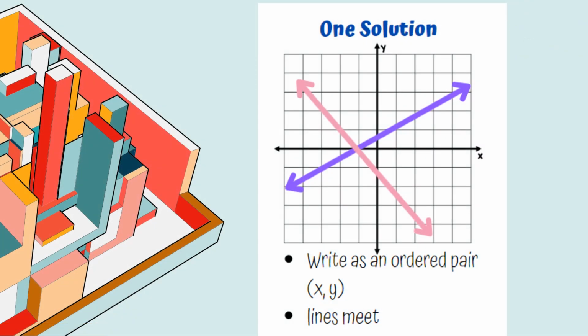Right here, this one has a solution. You write your solution as an ordered pair. So here, x looks like it's -1, y is 0. And that's it. A lot of people think systems of equations are complicated. It's not. It's only complicated or hard for people who don't understand the foundational material.